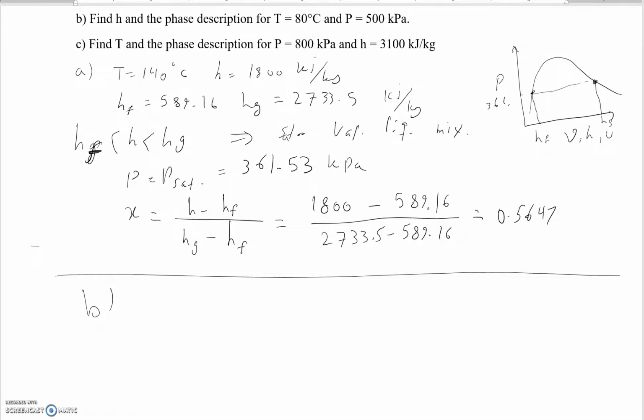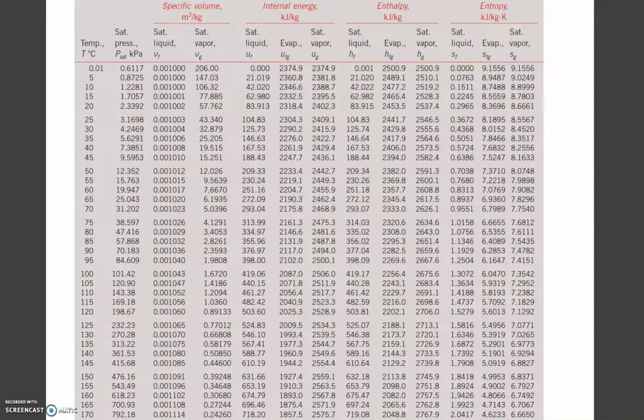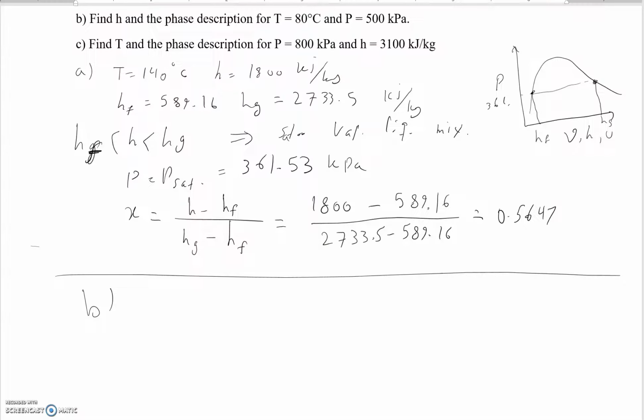So you go to the water table at 80 degrees Celsius, which is the case for our problem, and if you are in two-phase, your pressure should be 47.416 kilopascal, right? So I'm going to write that. If you assume that your temperature is saturation 80 degrees Celsius, then your pressure should be equal to 47.416 kilopascal.